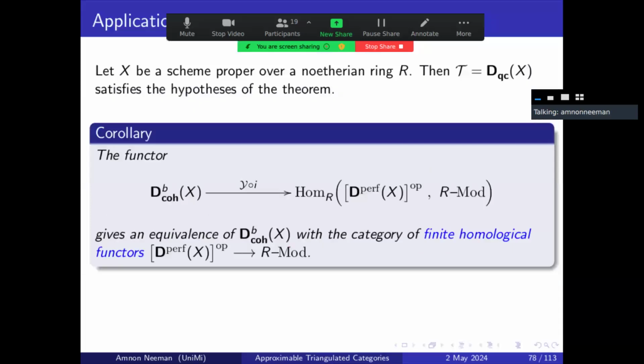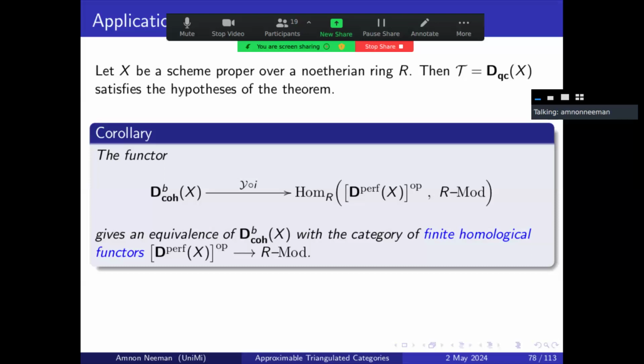Okay, and the interesting thing is that if X is a scheme proper over a Noetherian ring R, then T satisfies the hypothesis of the theorem, and in particular, the bounded derived category of coherent sheaves embeds fully faithfully into the finite homological functors, onto the finite homological functors on the perfect complexes. Okay, big deal. So how can we use it?